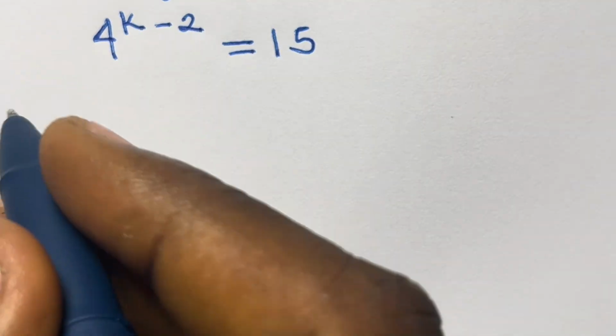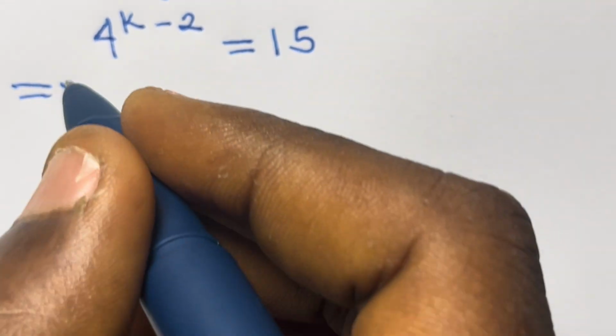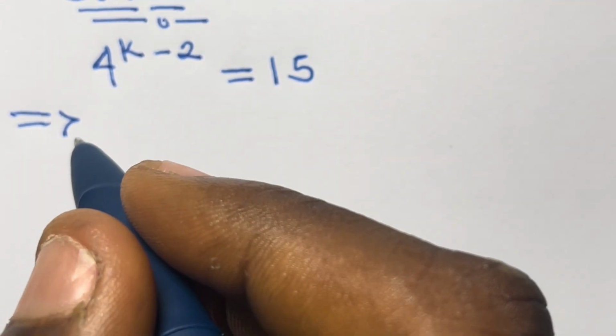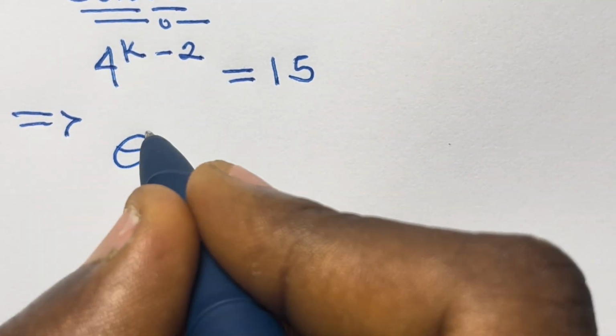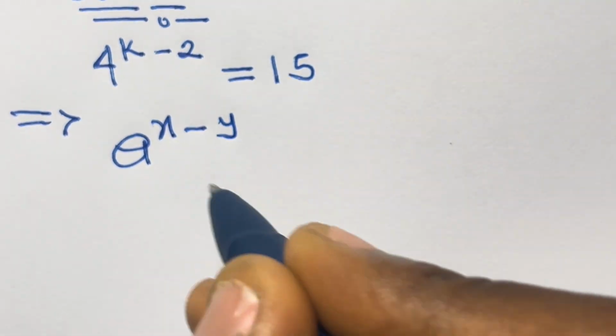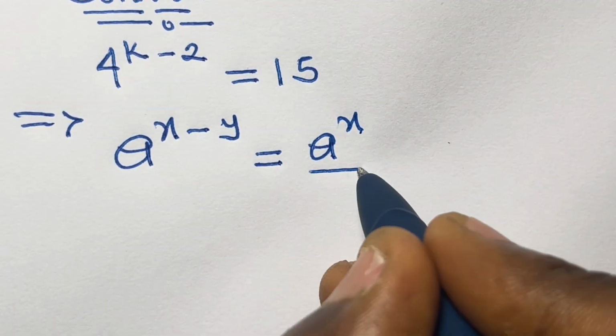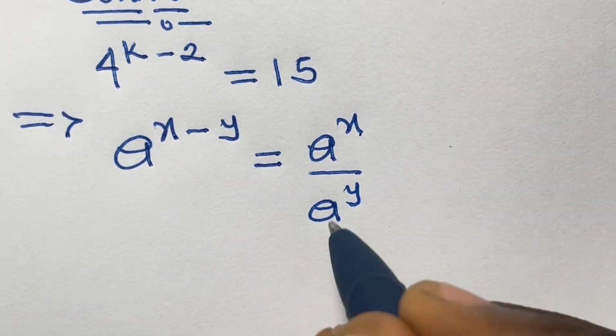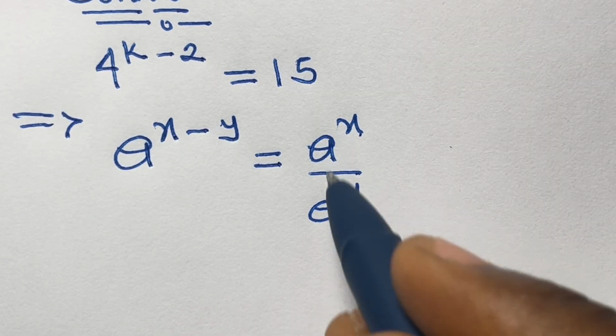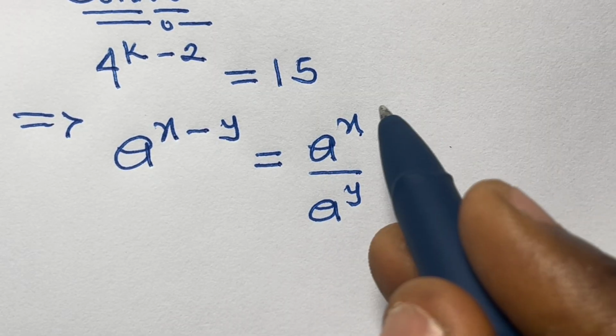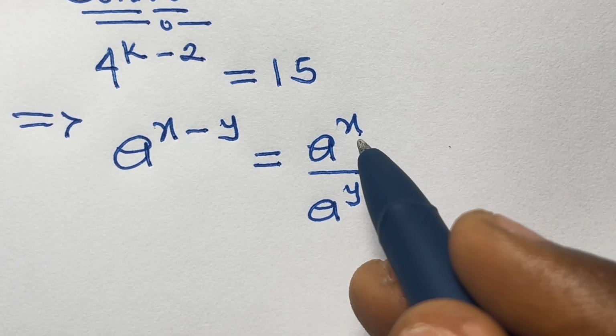From here, let's recall that if you have a raised to power x minus y, this equals a raised to power x divided by a raised to power y, because whenever the same base is being divided, the power of the divisor is subtracted from the power of the dividend, right?